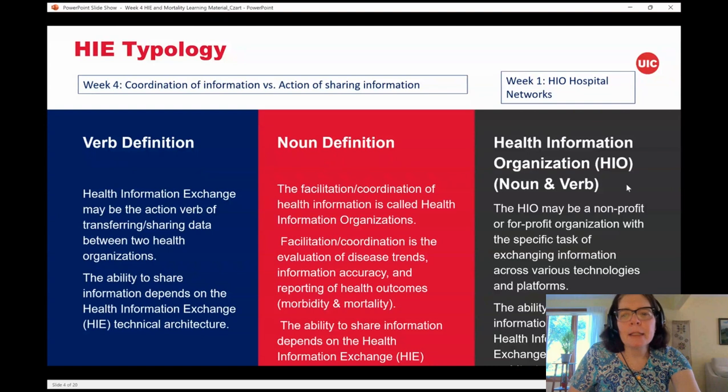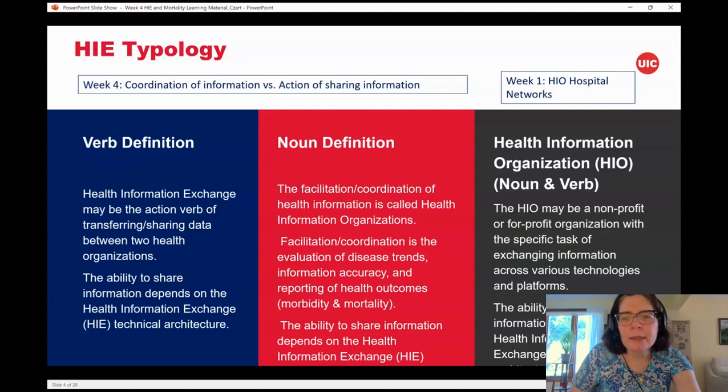Now, finally, typically the headquarters of a given hospital network may also serve as the health information organization because they provide the information of the hospital network to a government agency at the local level or the state level.